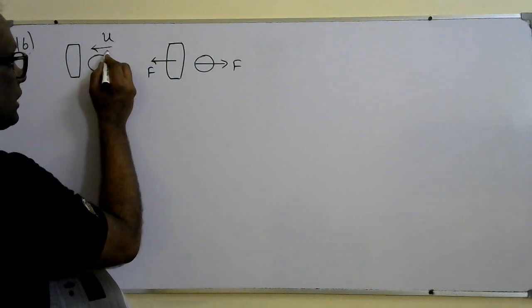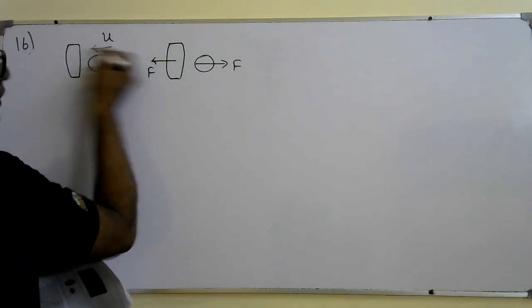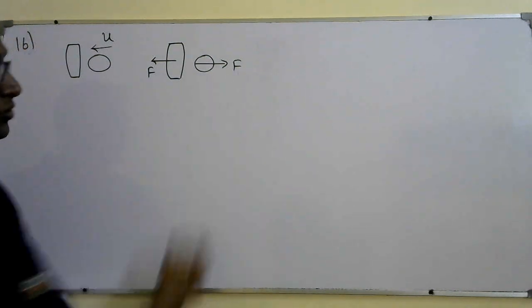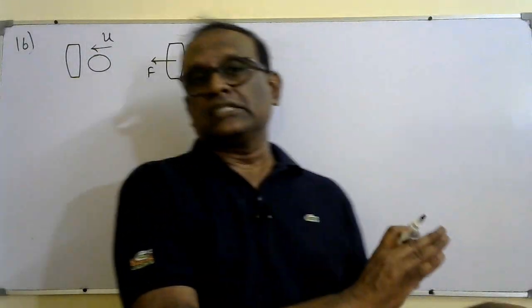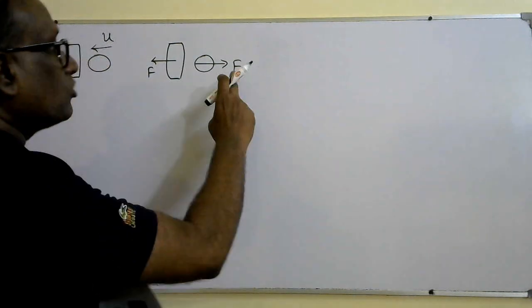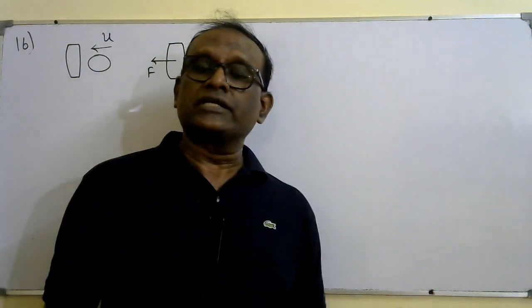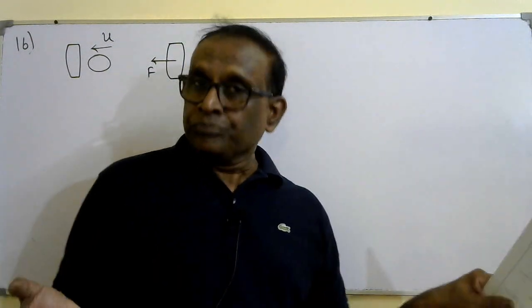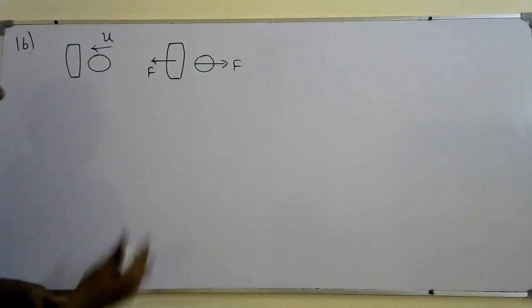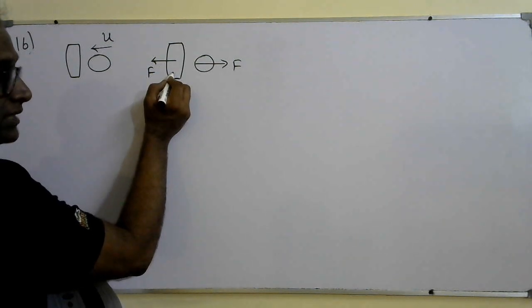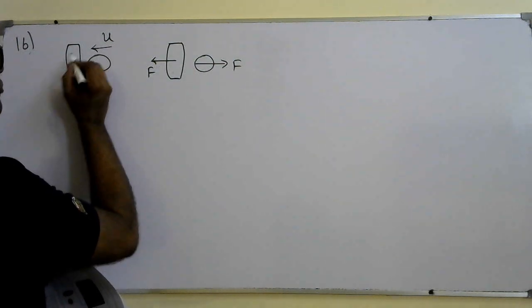Just before collision, the ball had velocity towards the left. During collision, the force is going to be opposite to the direction of motion. The force experienced by the skittle and the ball will have the same magnitude according to Newton's third law, in opposite directions. Now according to Newton's second law, this is the only force acting on the skittle, so the skittle will accelerate from rest.